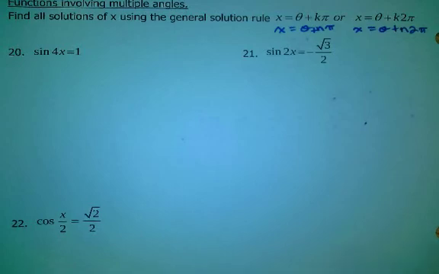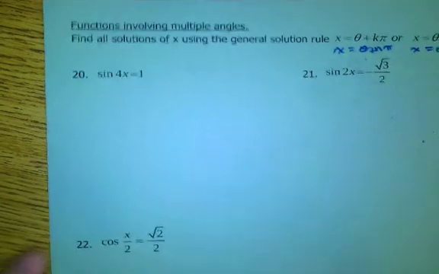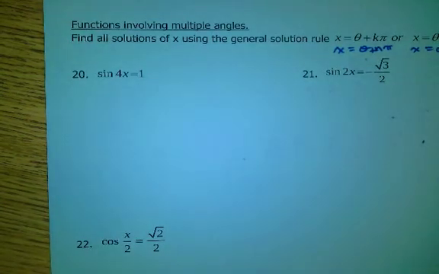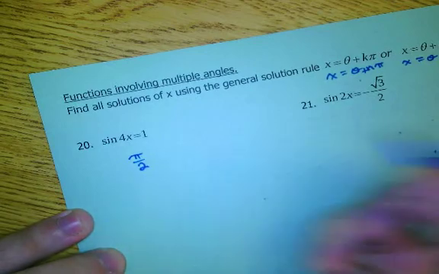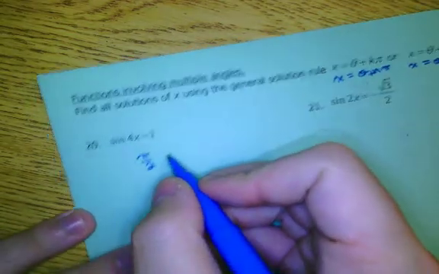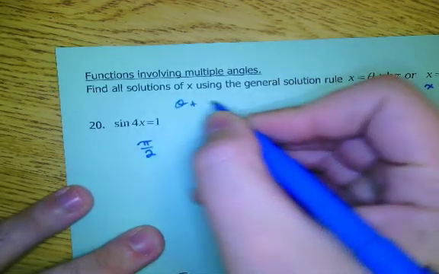All right. So, when does sine equal 1? Where? So I'm going to get pi over 2. Okay. So this is always going to be the angle plus the period times n.